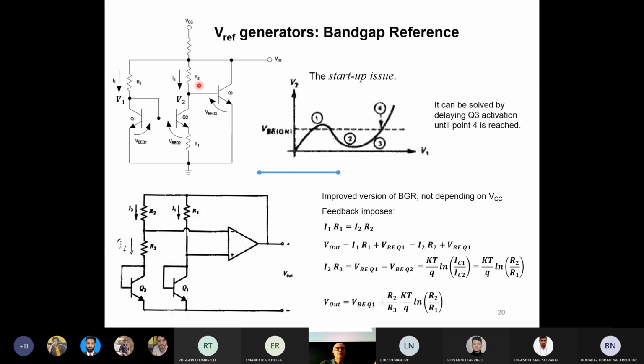It can be so large that the voltage on the collector of transistor 2 goes below 0.6 volts. So the transistor Q2 gets into saturation.